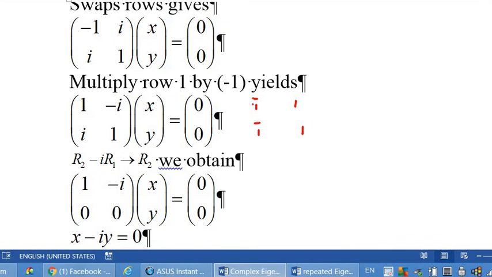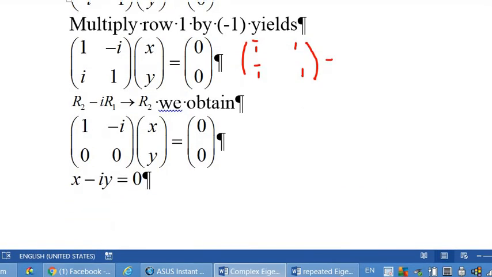Because it's the first row multiplied by i. And then the operation that we use is actually row 2 minus i times row 1. So i times i, you have 0 here. 1 times 1, you have 0.